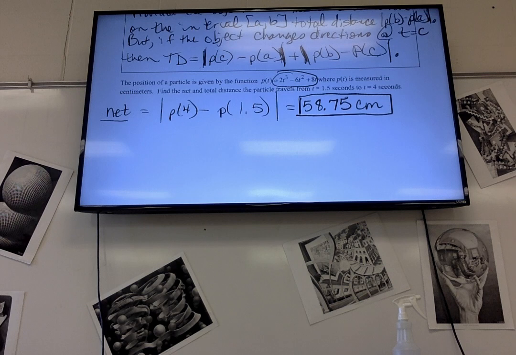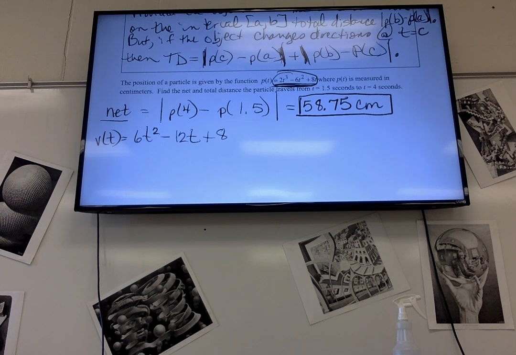Okay, so then that's net distance. Now, total distance, you have to see where this is changing direction. So we're going to need to know V of t, because V of t is what tells us whether it's going left or right. So that's 3, just kidding. That's 6t squared minus 12t plus 8.